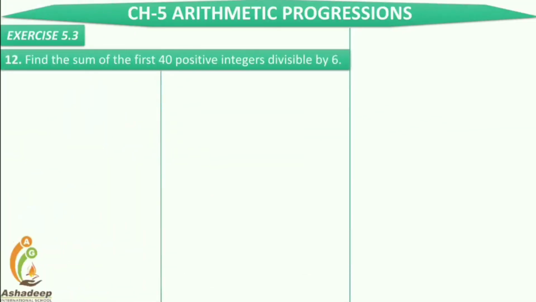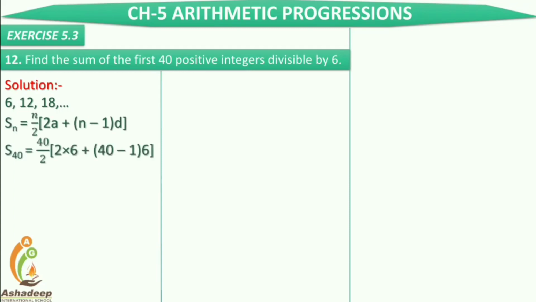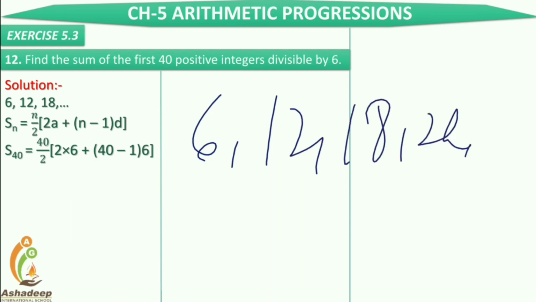Now find out the sum of the first 40 positive integers which are divisible by 6. If you want to form the formula, divisible by 6 means what? 6, 12, 18, 24. That means the table of 6 is divisible by 6.